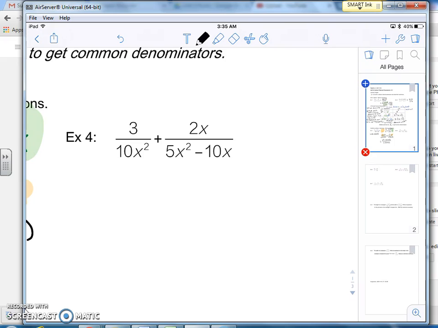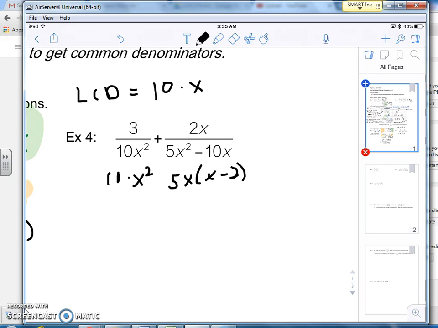All right, example 4. Here's the LCD. The first term factors to 10 and an x. The second term factors out a 5 and an x and x minus 2.